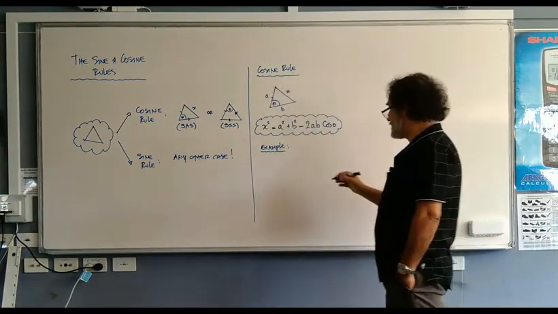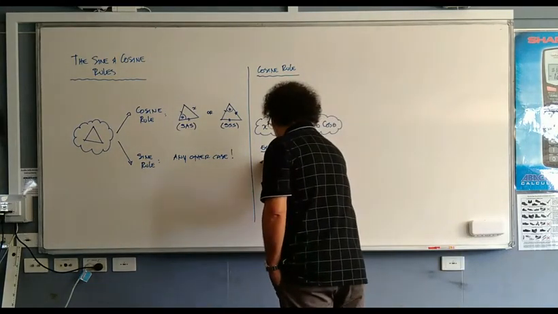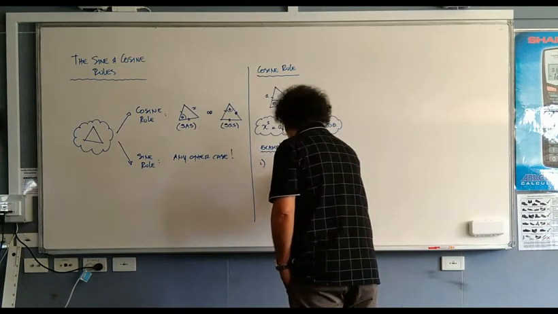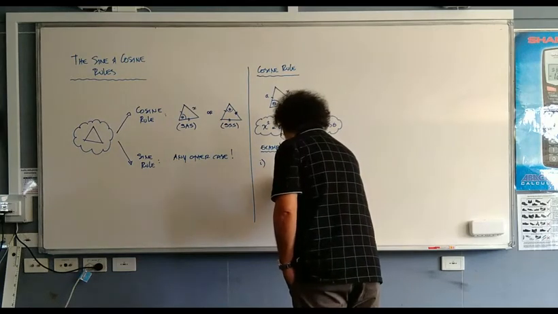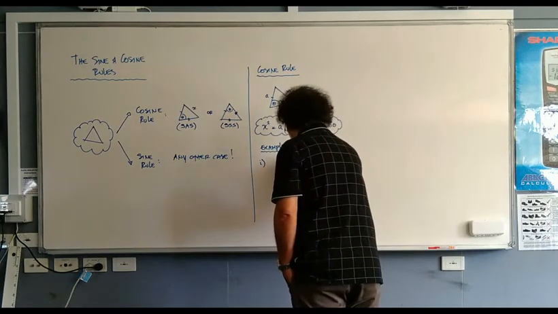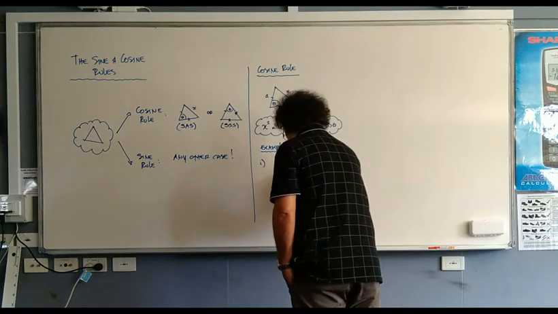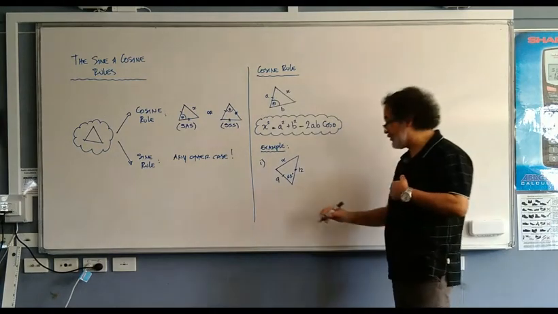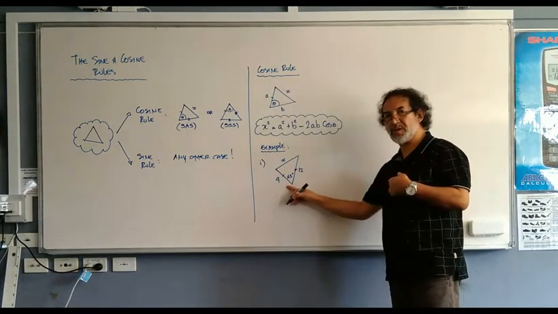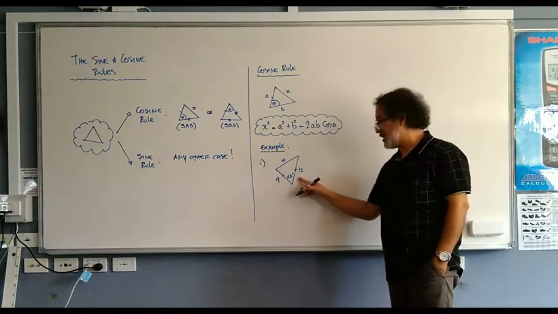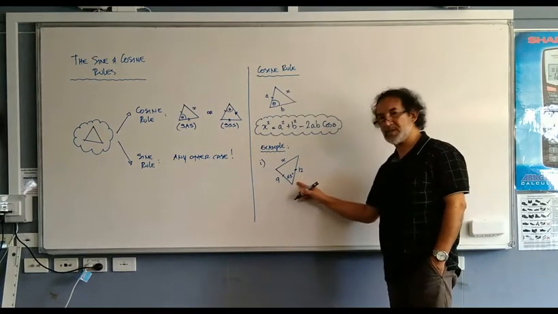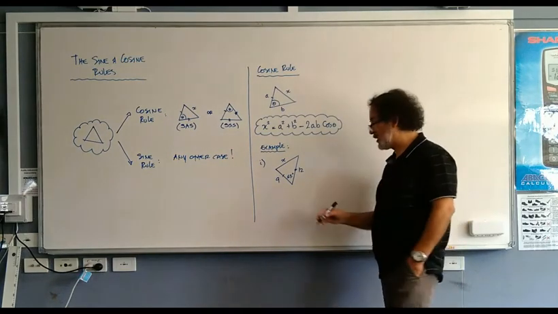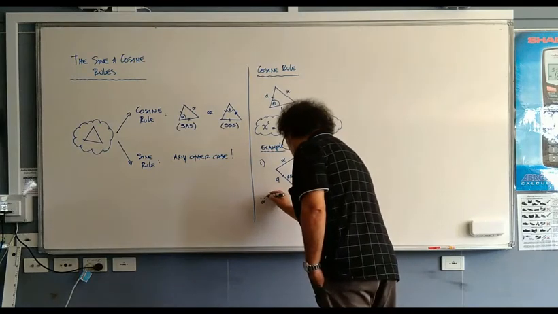Okay, let's say that you have this situation. So we got this triangle. One side is equal to 9, the other one is equal to 12, and the angle between these two sides is equal to 65 degrees. And I really want to find the answer for x. Okay, so that is going to be the first one.